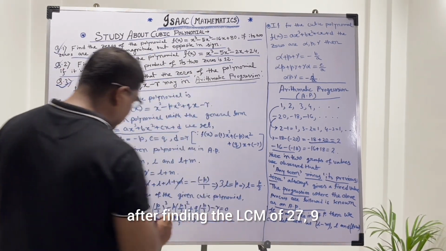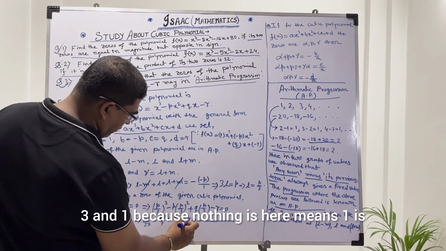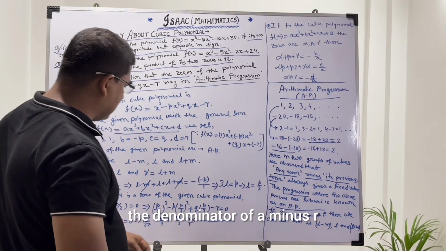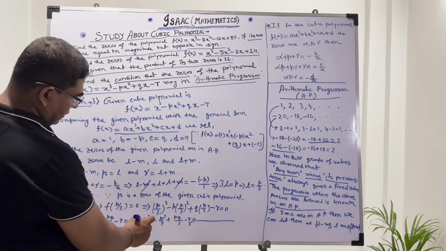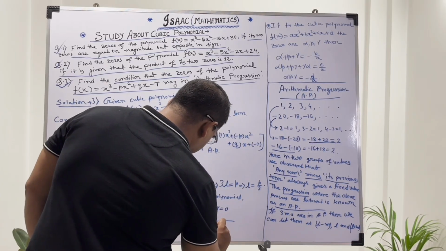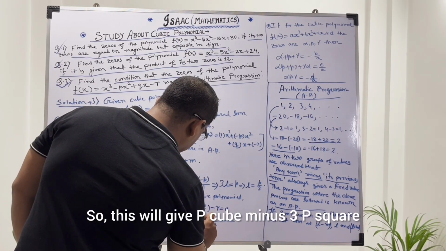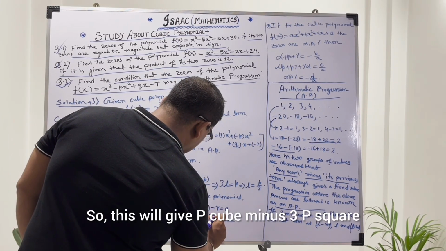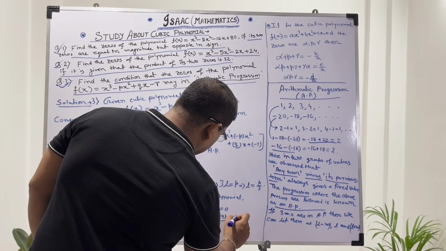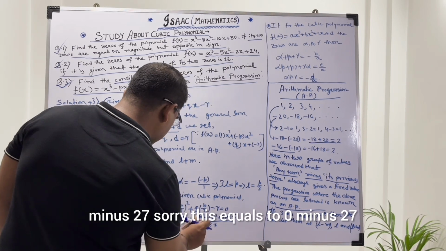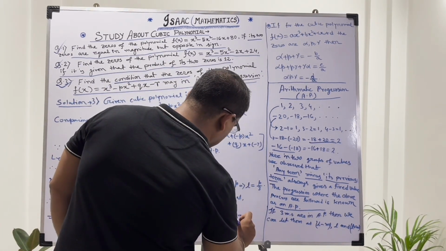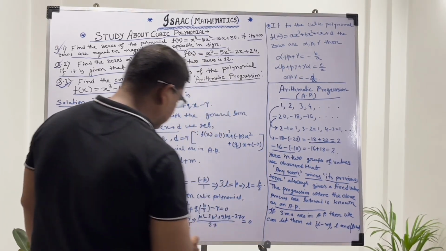After taking the LCM of 27, 9, 3 and 1, which is 27, this gives p cube minus 3p cube plus 9pq minus 27r equals 0.